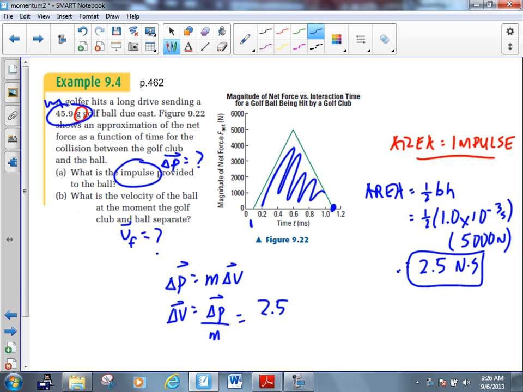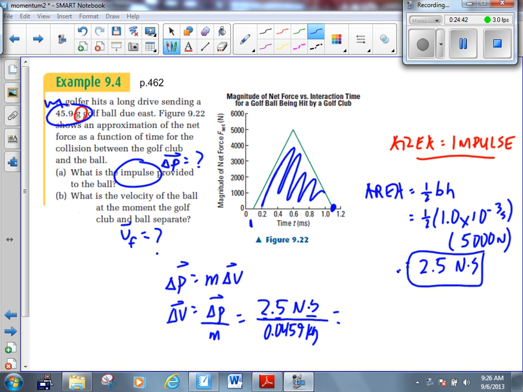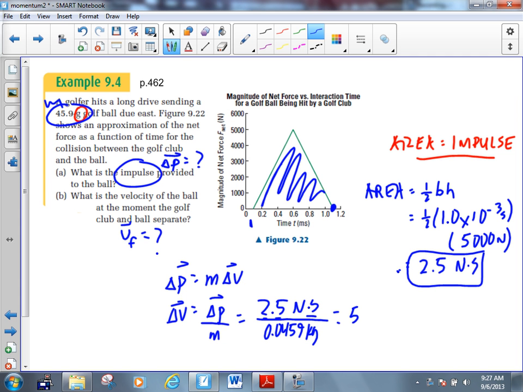I get 2.5 over the mass of 0.0459 kilograms, or you could say 45.9 times 10 to the minus 3. Do the division there, we end up getting 54.5 meters per second. Now, that's the change in velocity.